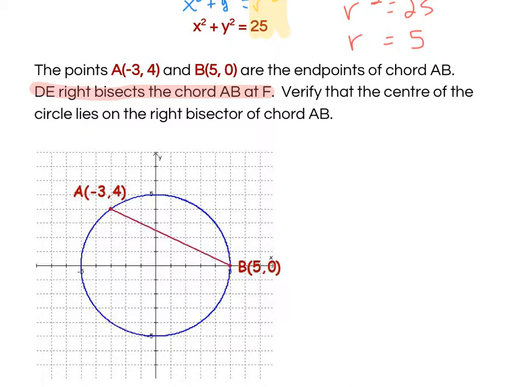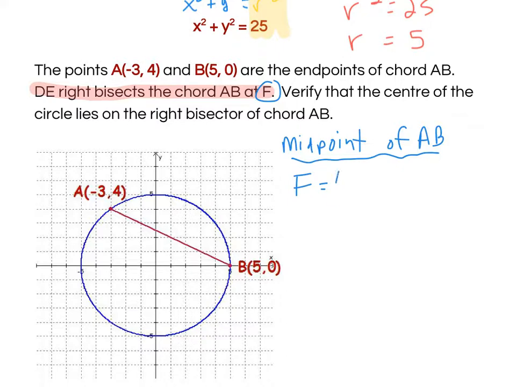So I need to find the midpoint of AB. That's what I'm going to do right now, and that will be a place to start so that I can get a right bisector in. You'll remember that the midpoint, which we call F, because the question itself called it F, so I'm going to do the same.